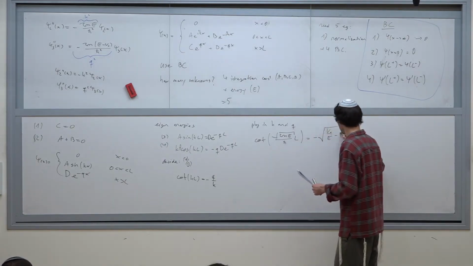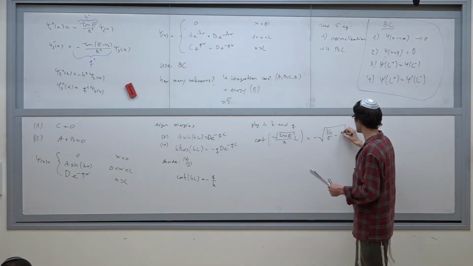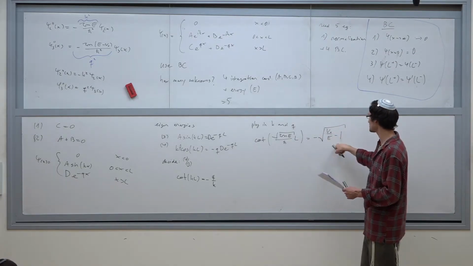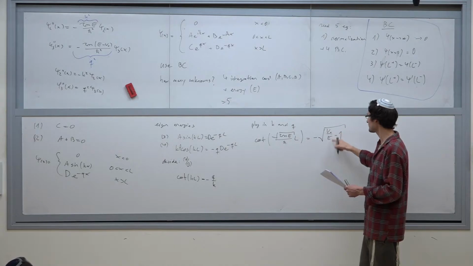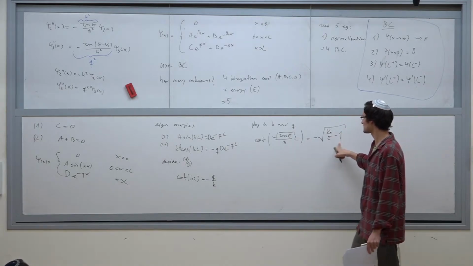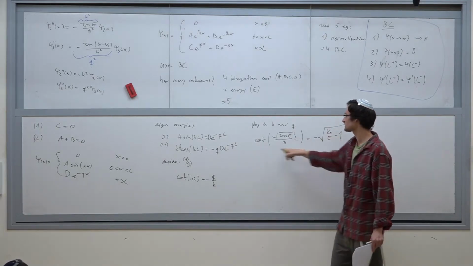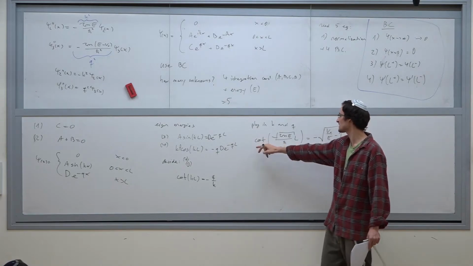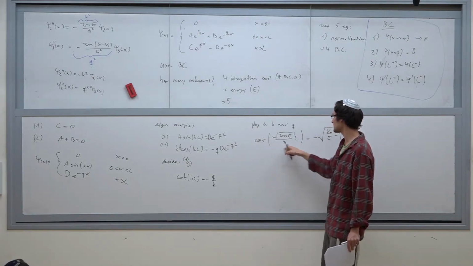So all of the 2m and h bars and so on cancelled in this term. Obviously it's dimensionless because the cotangent is also dimensionless, and so is this argument.